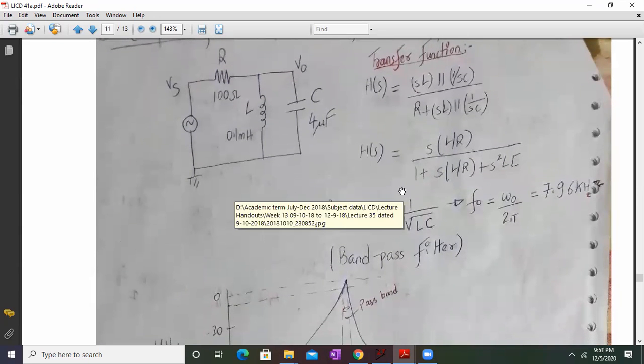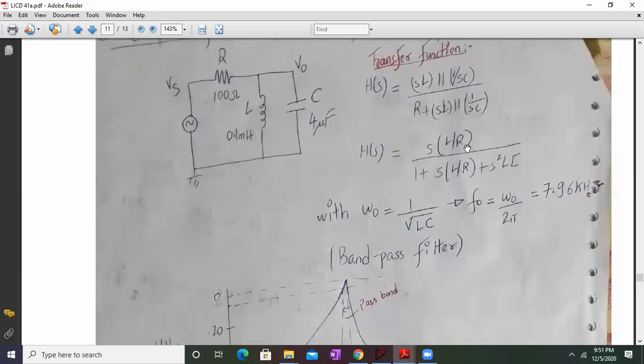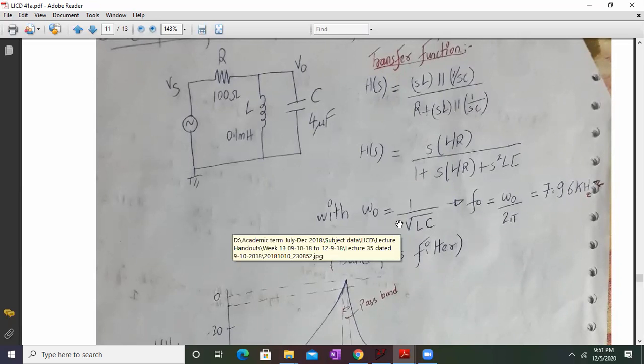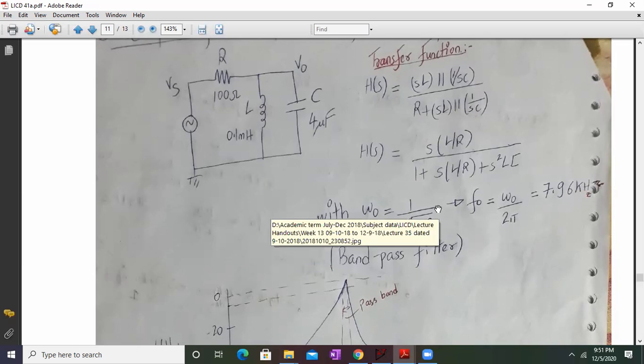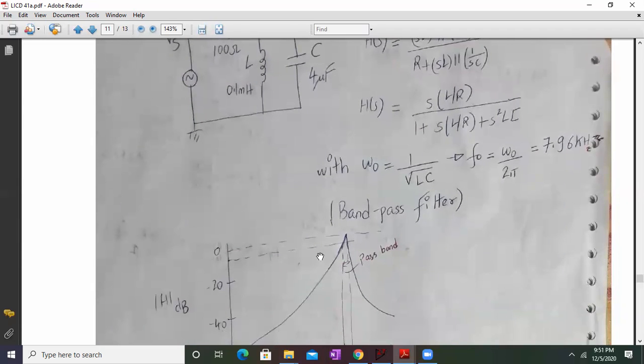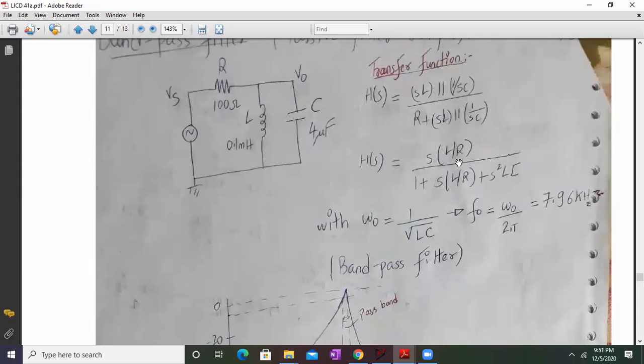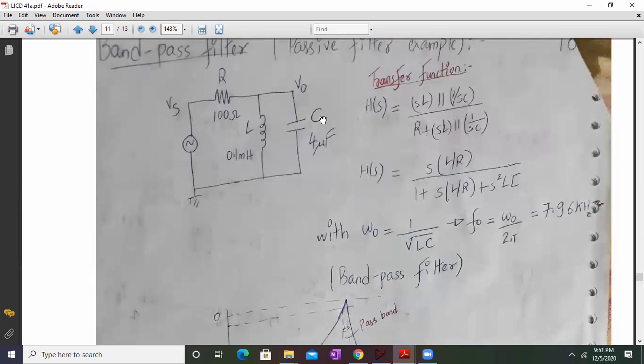If you simplify it, you will get S into R by L divided by 1 plus S into R by L plus S square LC, with omega naught equal to square root of LC. So F naught will be around 7.96 kilohertz. And this will be the band pass frequency response. If we work it out in a calculator, you will get this. So it will be S square plus omega naught square. This is my R, L, and C.